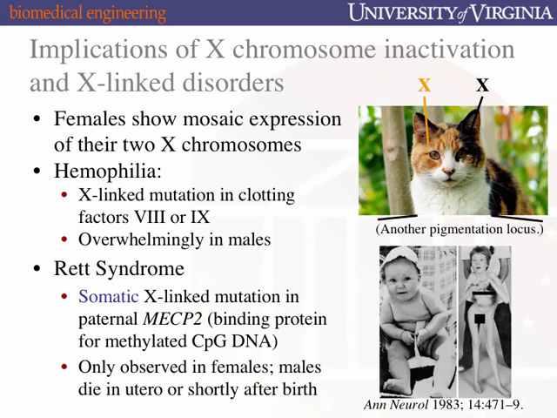Rett syndrome is a mutation not in the germline, so it's not an inherited disorder, but one that is picked up during the spermatogenesis or oogenesis that I talked about before. So the MECP2 is on the paternal side, and if it's inactive, it's defective.